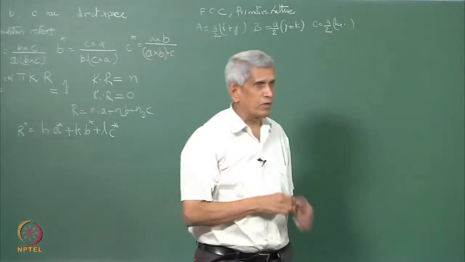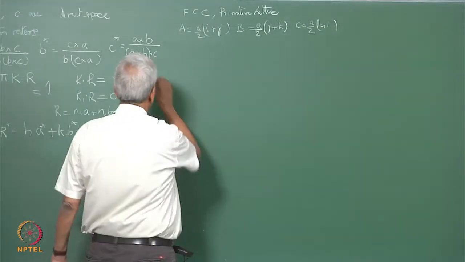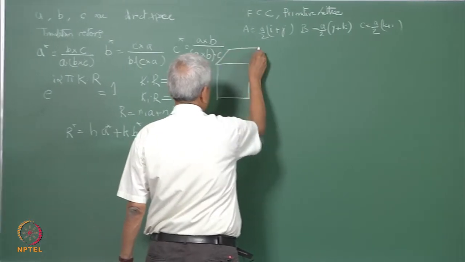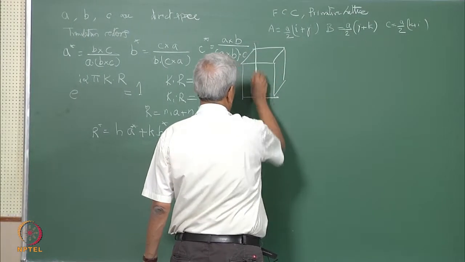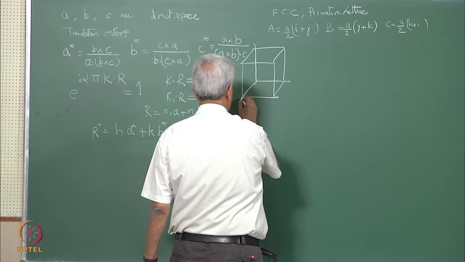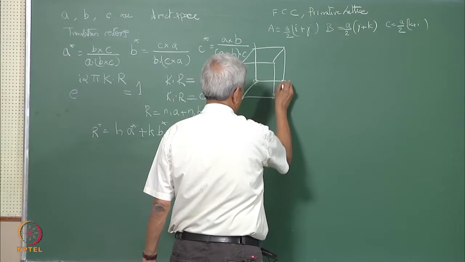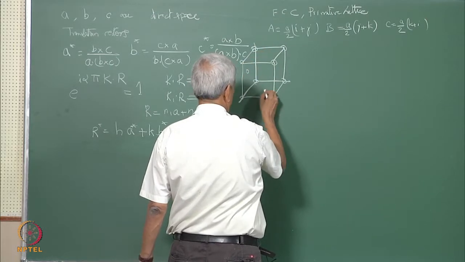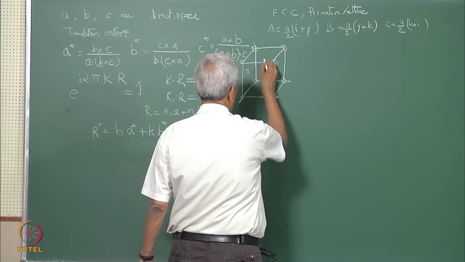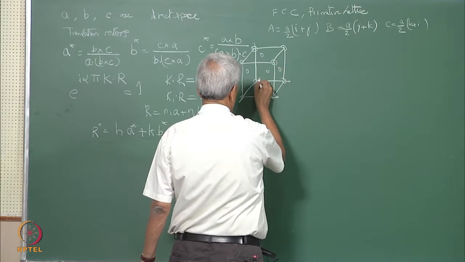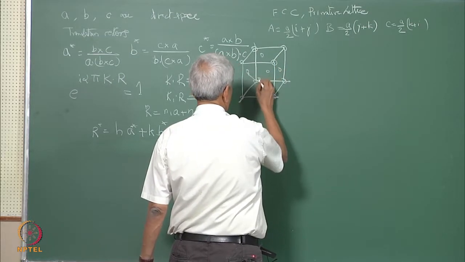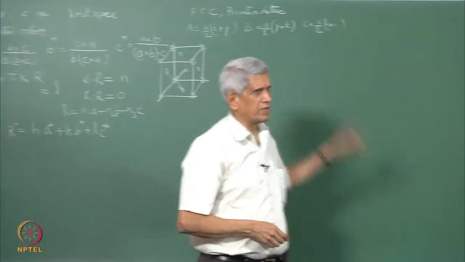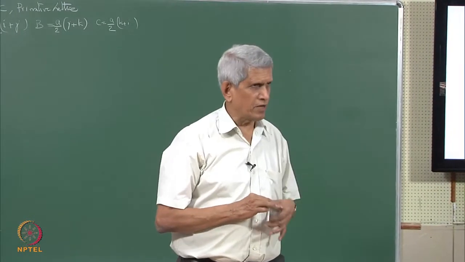This is how the vectors will come. That is essentially if you take an FCC lattice and these are all the lattice points. So these are all the three primitive translation vectors for the primitive lattice of FCC.